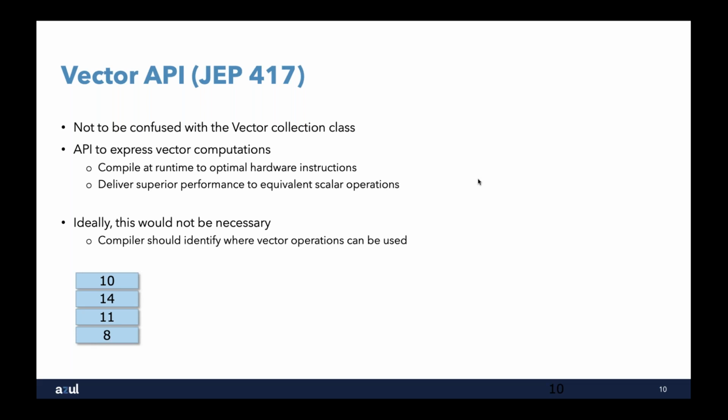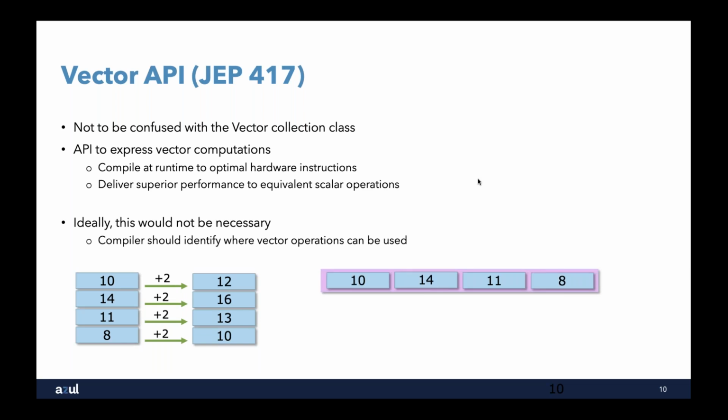Just as an example here, I've got 4 values: 10, 14, 11, and 8. What I want to do is add 2 to each of them. Obviously I can do it sequentially: I can iterate over my array, and each time I go through an element, I add 2 to it and generate a result. If I look at the same thing using a vector operation, as I said, we have a very wide register.